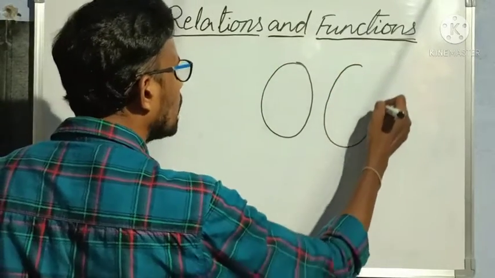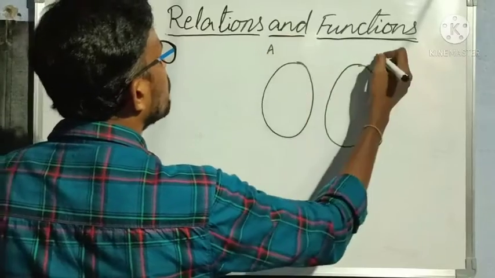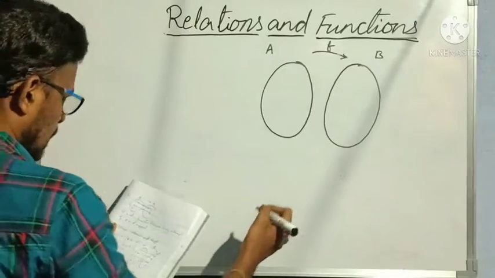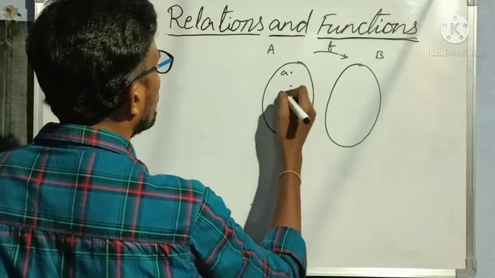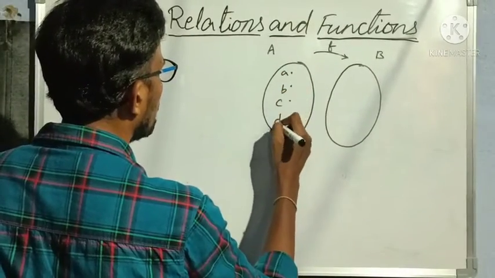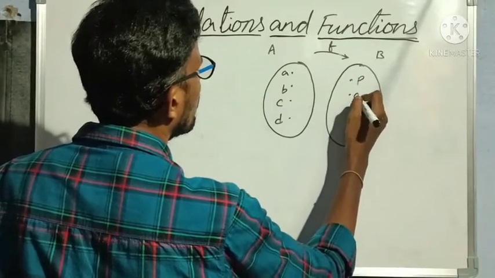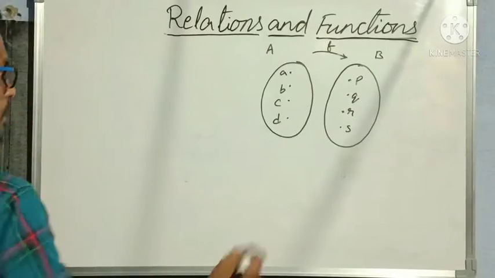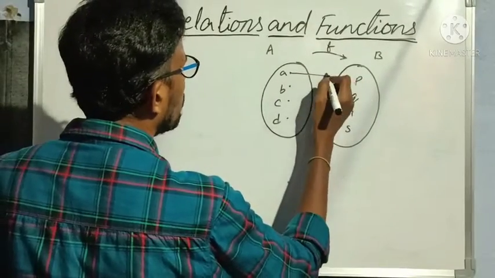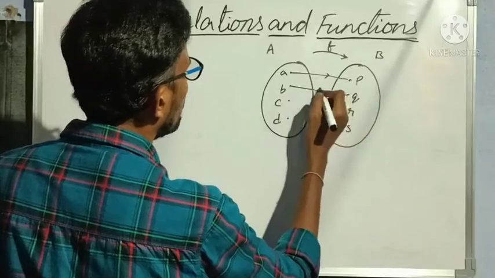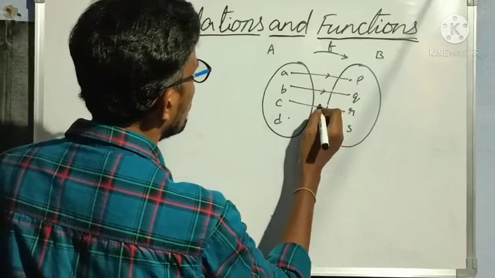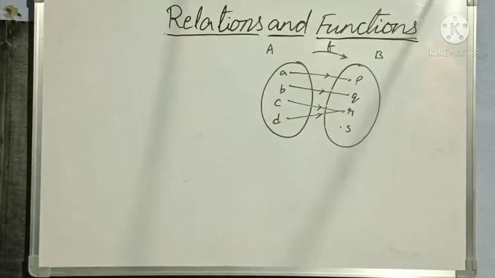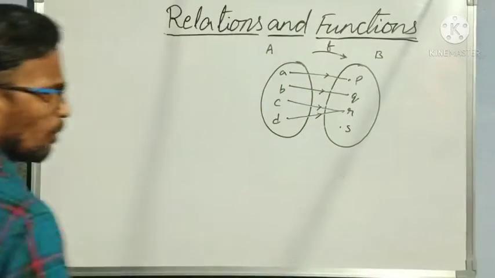As an example, I am taking 2 sets A and B and I am forming a function F from A to B. A, B, C, D are the elements of A and P, Q, R, S are the elements of B. Now I am mapping A to P, B to Q, C to R and also D to R. So let us find the domain, codomain and range of the function.